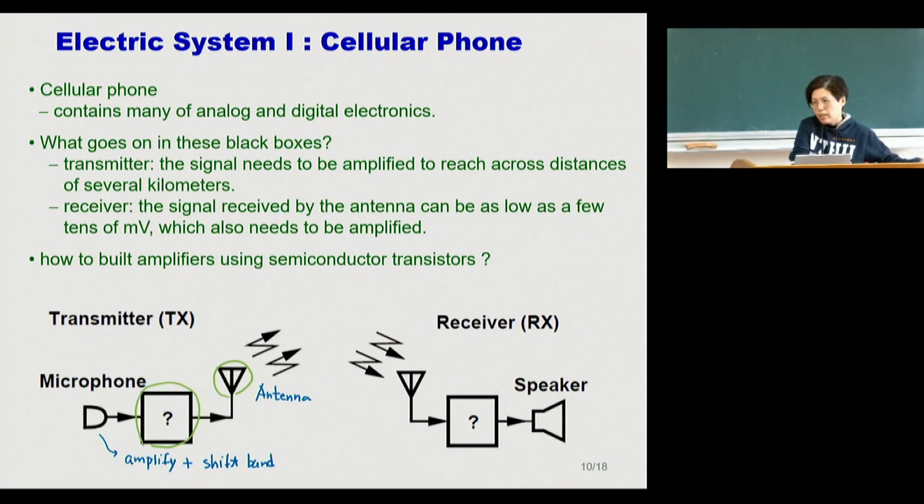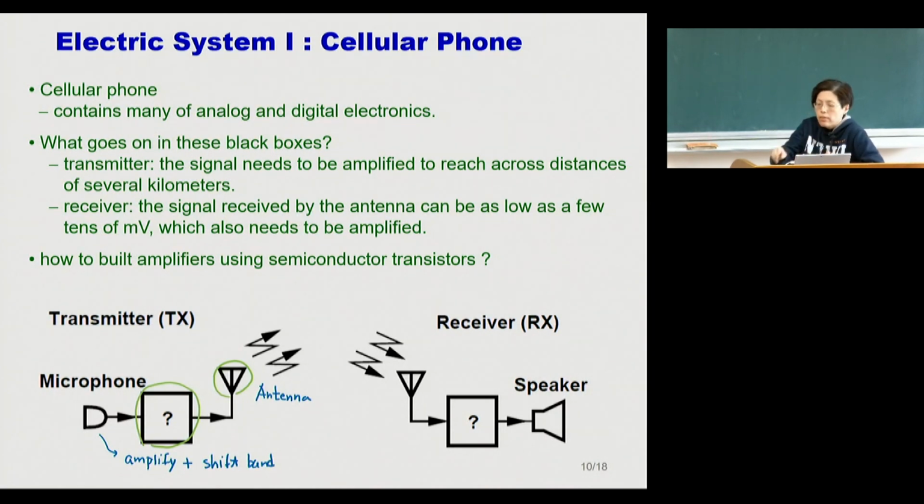Does anyone know? What is the frequency of speaking, not singing? So it's a very low frequency signal. My voice is a very low frequency signal, but the transmitted frequency of the cell phone is what? Gigahertz, right?